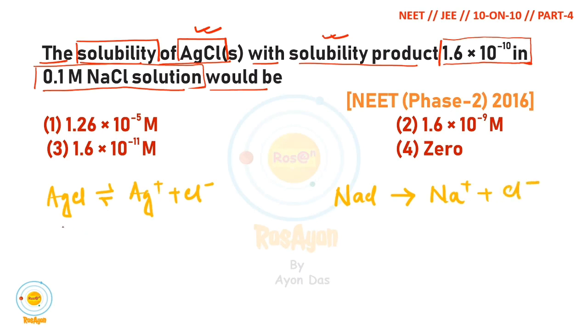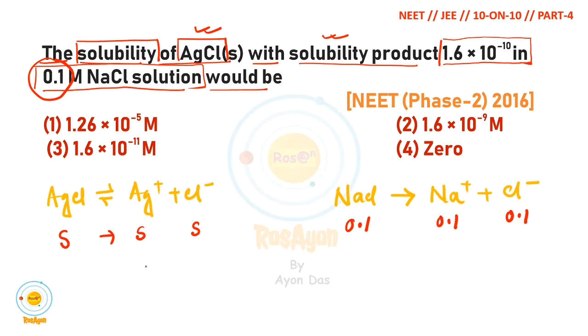Now, if you consider the solubility of AgCl is S, then it produces S mole Ag plus and S mole Cl minus. On the other hand, 0.1 mole NaCl solution produces 0.1 mole Na plus and 0.1 mole Cl minus.